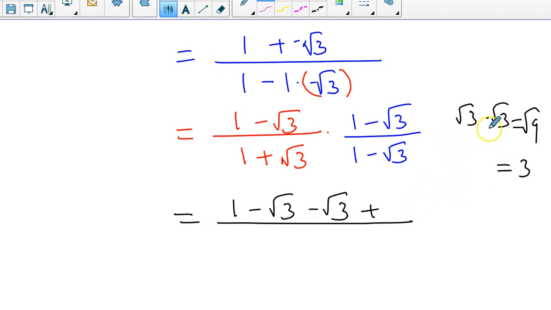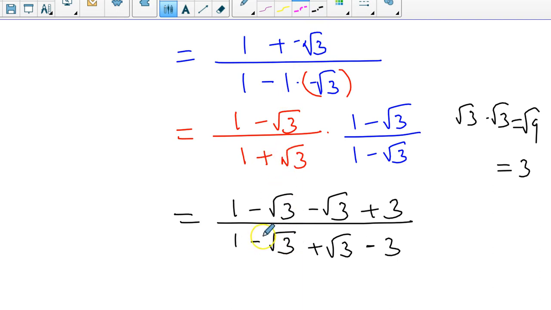So square root 3 times square root 3 is equal to just 3. And in the denominator, 1 times 1 is 1. 1 times negative root 3 is negative root 3, or minus root 3. Now root 3 times this 1 will be plus root 3. Plus times minus, minus square root of 3 times square root of 3 is 3. Okay, we are almost there now.